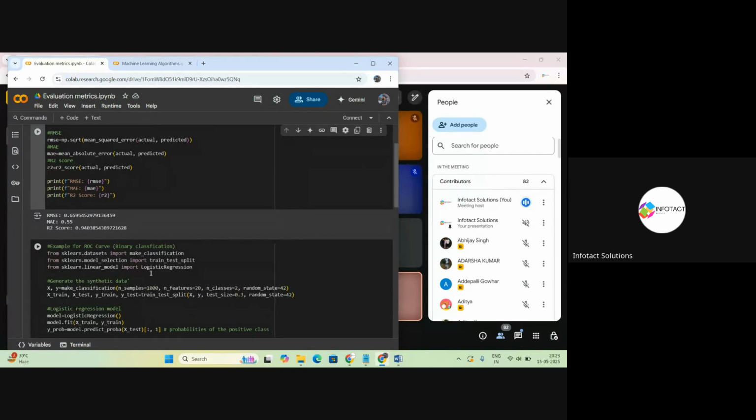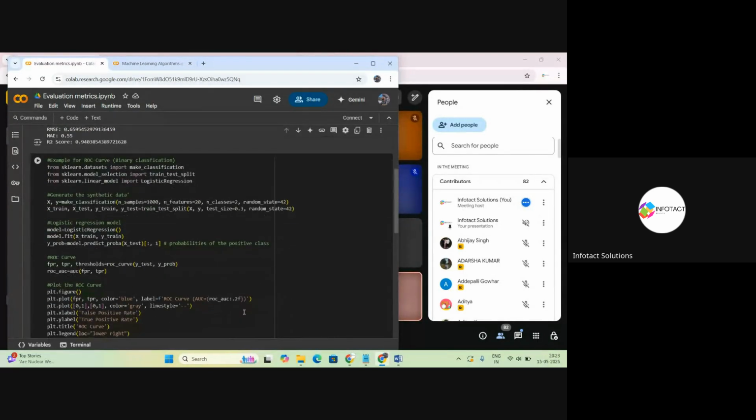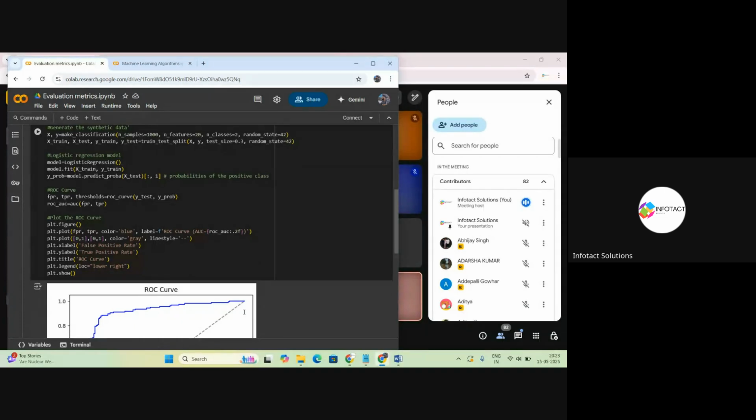Then we are generating the synthetic data, that is X, y equal to make_classification with the samples, features and classes given. Then for the ROC curve, we get the FPR, TPR and the threshold values from your variables, y_test and y_pred. Then we are determining the AUC, roc_auc equal to auc of FPR, TPR.